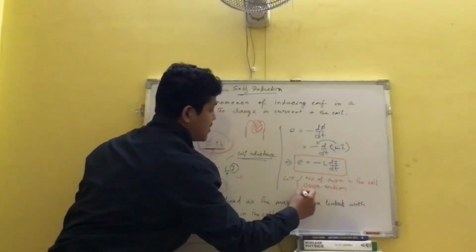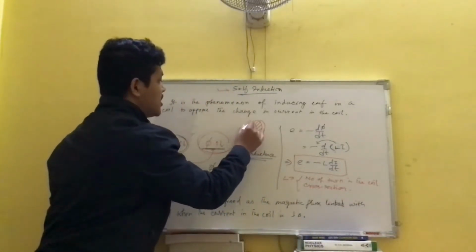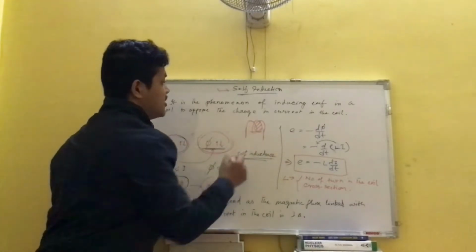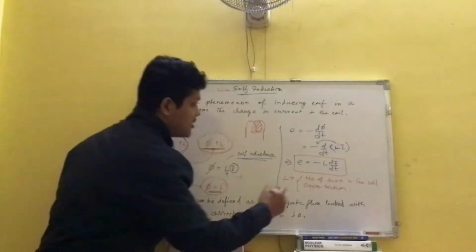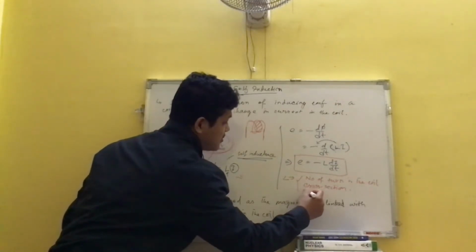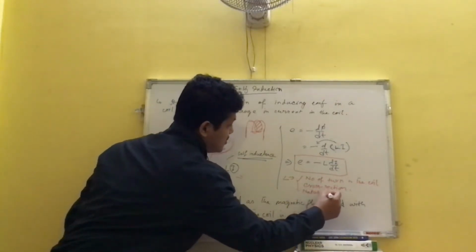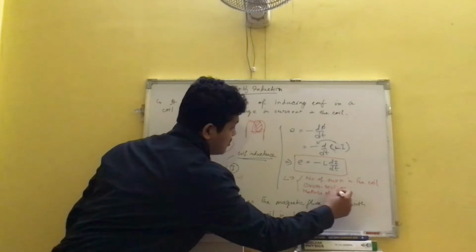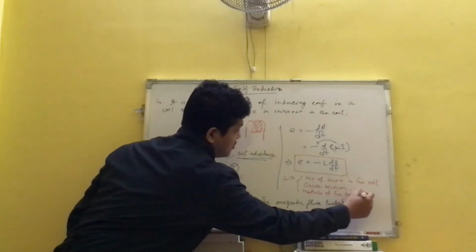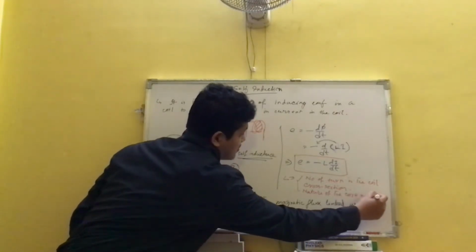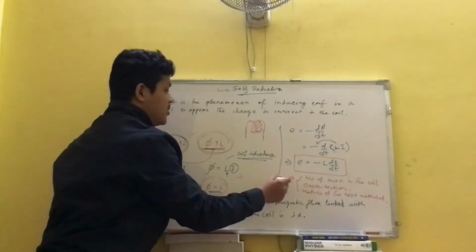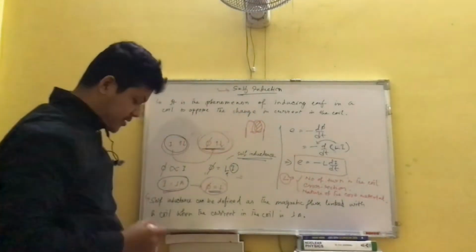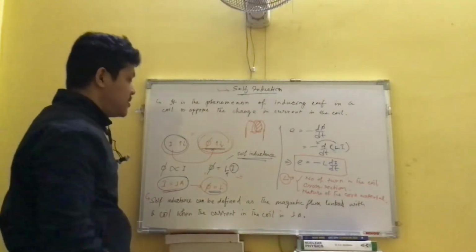And also on the nature of the core. So what is the core inside the coil? It may be air, it may be other material. It depends on the nature of the core material. These are the three factors on which this L depends. So hope you have understood this.